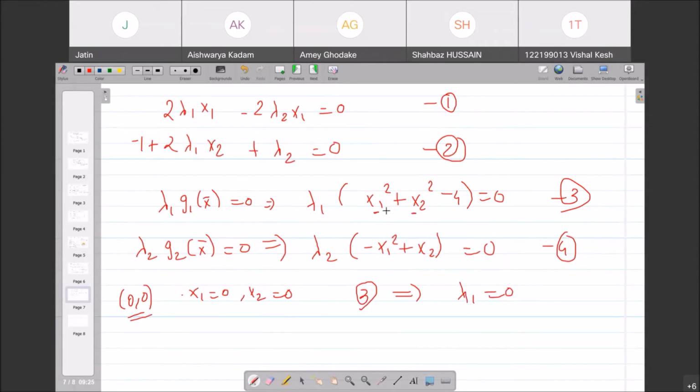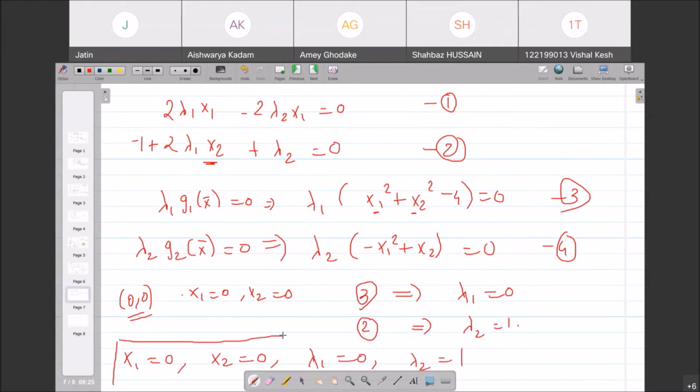So I have minus 4 lambda 1 is 0, but minus 4 is non-zero, therefore lambda 1 has to be 0. And 2 implies, with my x2 being 0, that lambda 2 is 1. So if I take x1 equal to 0, x2 equal to 0, lambda 1 equal to 0, and lambda 2 equal to 1, then all the KKT conditions are satisfied.